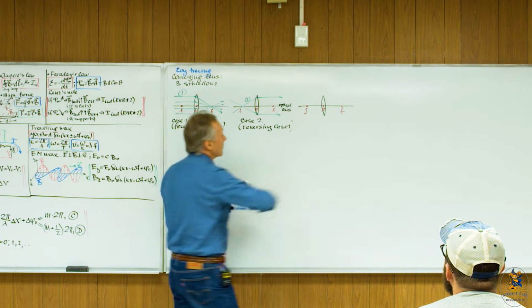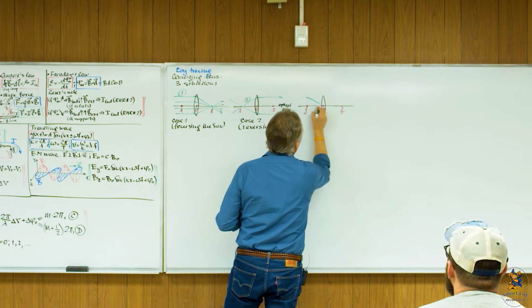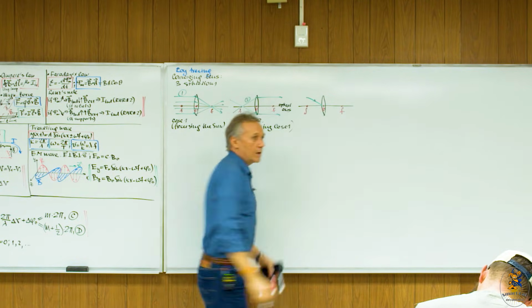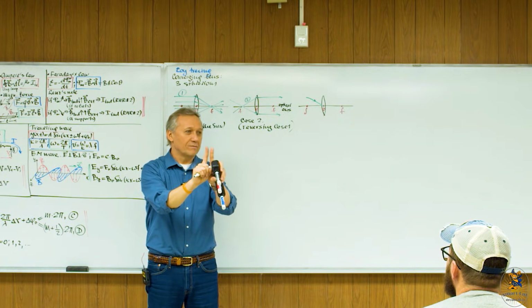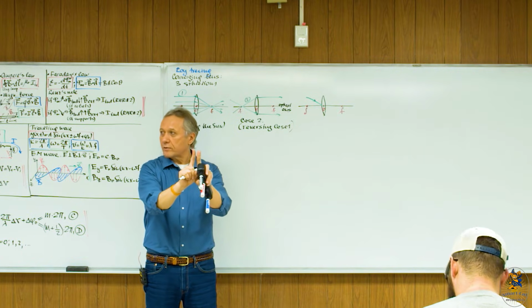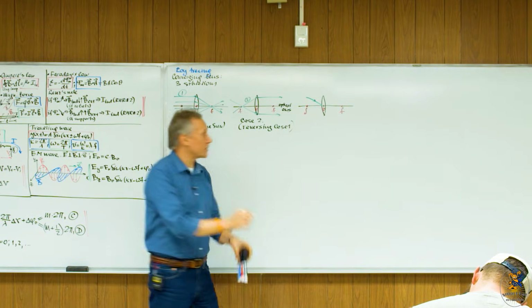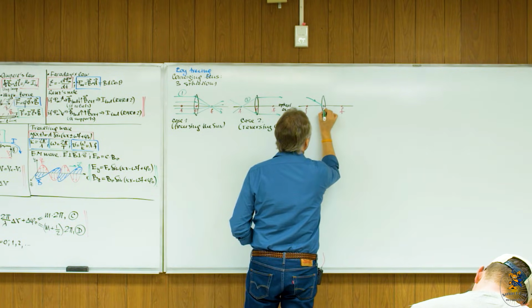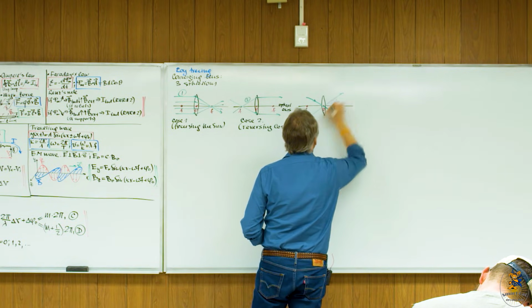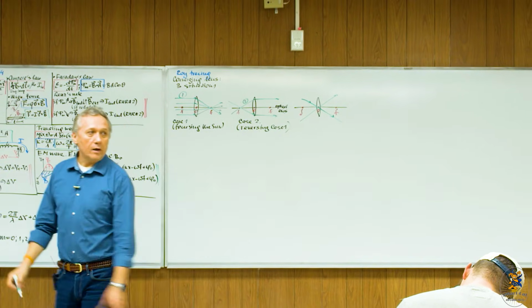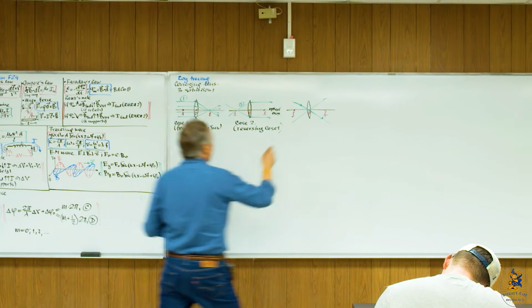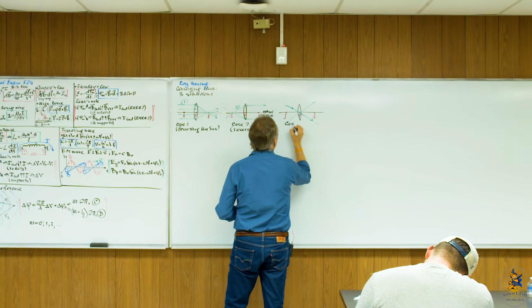What if you send a ray through the center of the lens? At the center of the lens, essentially it's a slab of material. There is no curvature. A slab of material is not going to change the direction of the ray. So it will go straight through the center point, just straight through like this. This is the trivial situation, and it uses the center of the lens. So case number 3, trivial.